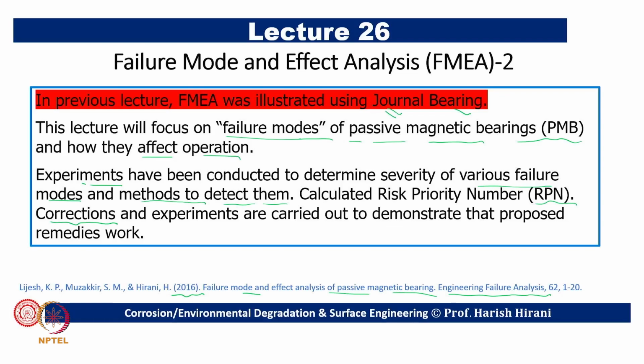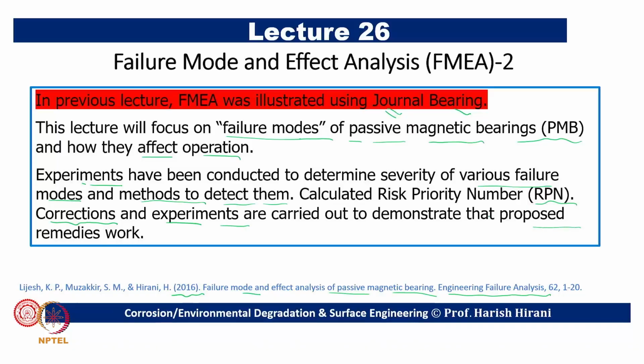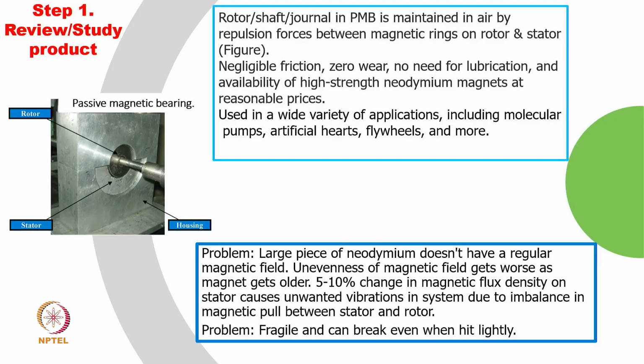After that we do modification, make a new worksheet for the failure mode analysis, do corrections, and experiment again to figure out whether what we have done is correct. So the correction was implemented and further experiments were carried out to demonstrate that the remedial solutions are functioning properly. Now, let us start the lecture.